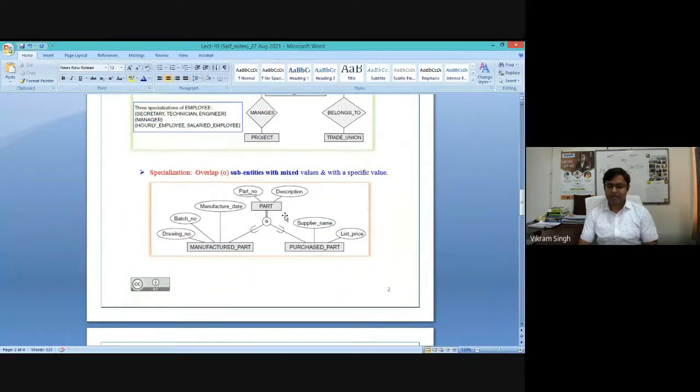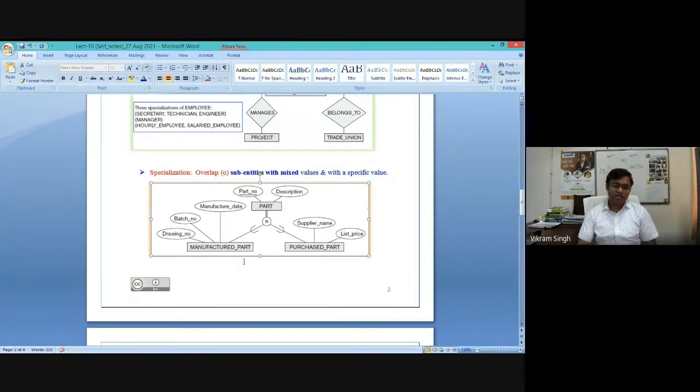So there is this entity called parts. Now parts is a base entity. Initially this part entity will have all the attributes listed here. Now if we perform a specialization of nature overlapping, you can see in the specialization area this O is placed, right? And if you are using overlapping, it means while performing the specialization, we have observed that there are few parts which could be of both types, manufactured and purchased part.